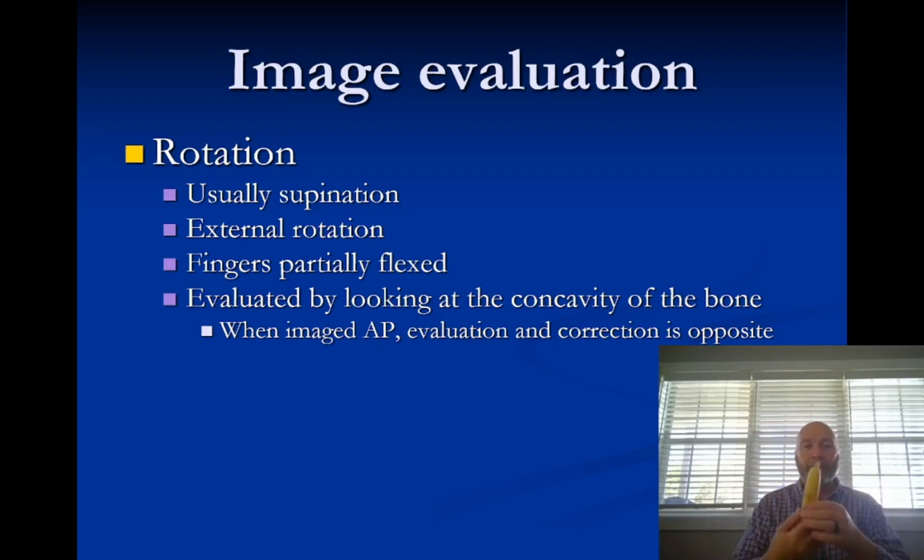So if the patient is positioned so that there is no rotation, you don't really see the anterior to posterior concavity and convexity. You still see that hourglass shape on the fingers, but you don't really see the anterior to posterior concavity. What you get, though, with any kind of rotation is you'll start to see that concavity.